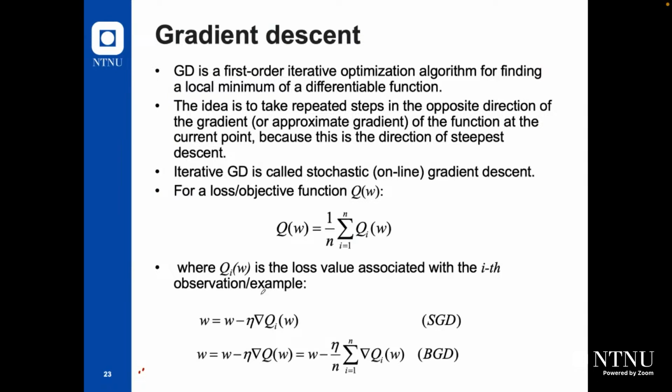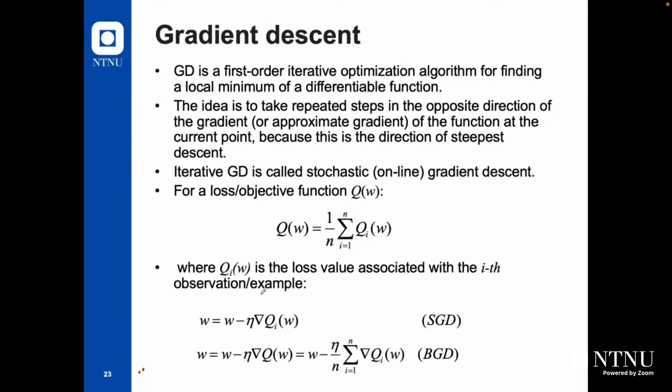The idea is to take repeated steps in the opposite direction of the gradient because it's gradient descent, not ascent. We need to minimize. If you want to maximize, you will move with the direction of the gradient of the function at the current point, because this is the direction of steepest ascent.